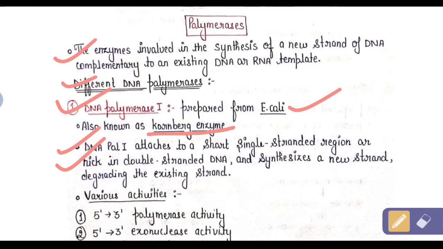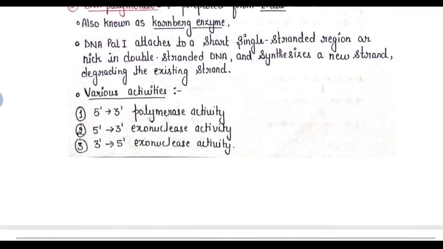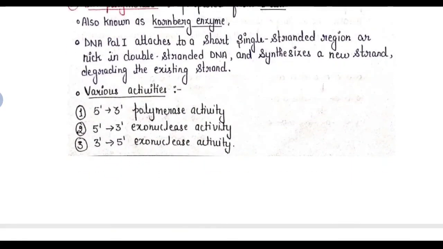Now these DNA polymerases have three types of activities. It has 5' to 3' polymerase activity, meaning in the 5' to 3' direction it can lead to the addition of nucleotides. Then it has 5' to 3' exonuclease activity, meaning it can degrade the DNA strand in the 5' to 3' direction, or we can say the removal of primers in the 5' to 3' direction.